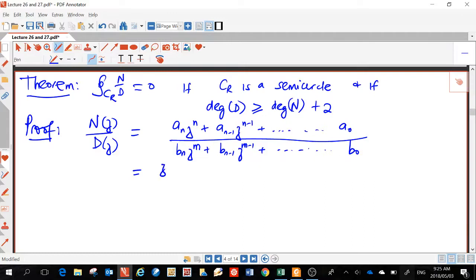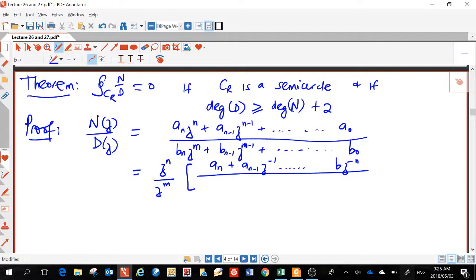So on the top, I take out z to the n. At the bottom, I take out z to the m. What's left here will be, on the top, a_n plus a_(n-1) z to the minus 1, all the way up to a_0 z to the minus n.